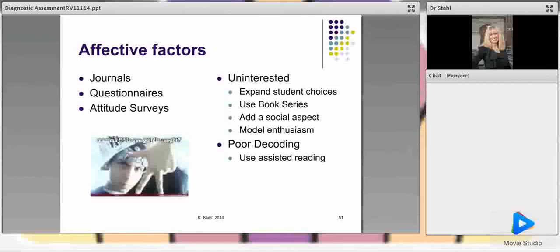And for those older children, we certainly have to be mindful of those affective factors. The best way to talk about things like motivation and attitude is through questionnaires and attitude surveys. For the uninterested child, we want to make sure that we are expanding student choices and using book series, and that we're adding a social aspect. We cannot diagnostically ignore the affective factors in older children.